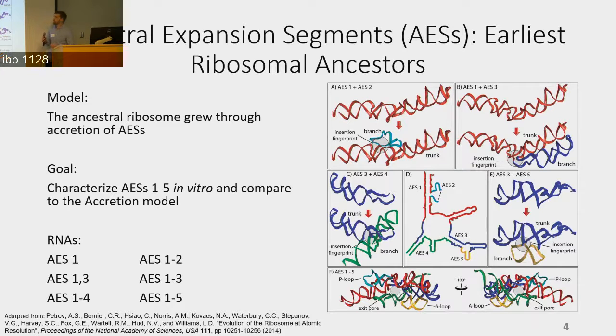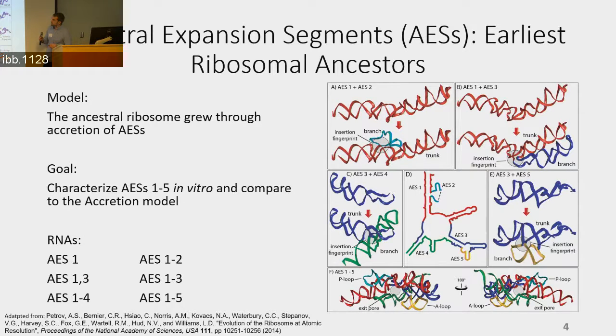And if we look at this figure on the right, we can see the 3-dimensional structure of these ancestral expansion segments as they appear in the ribosome. For example, in Figure A, we see the accretion event whereby AES2 accretes onto AES1. We can see in red this helical structure here is AES1, and then we have the accretion of AES2 on AES1.